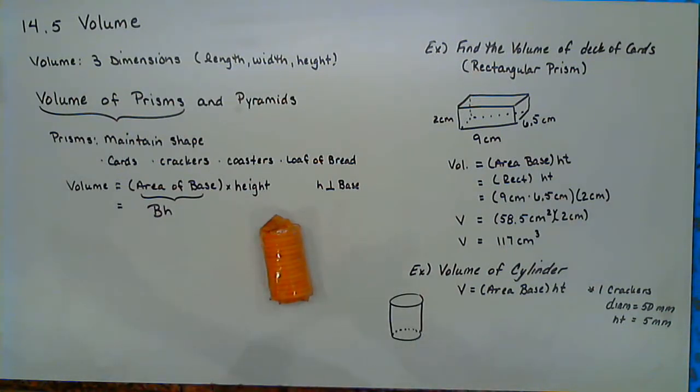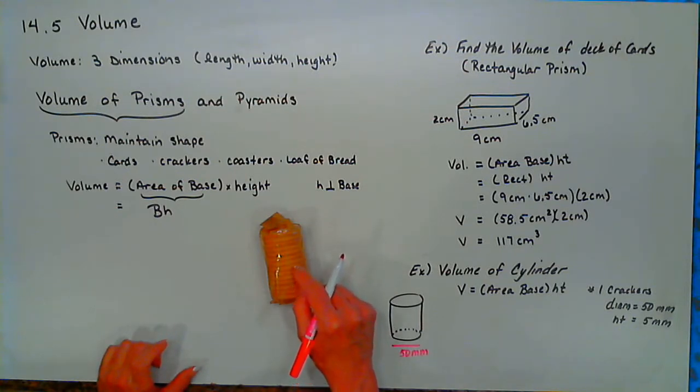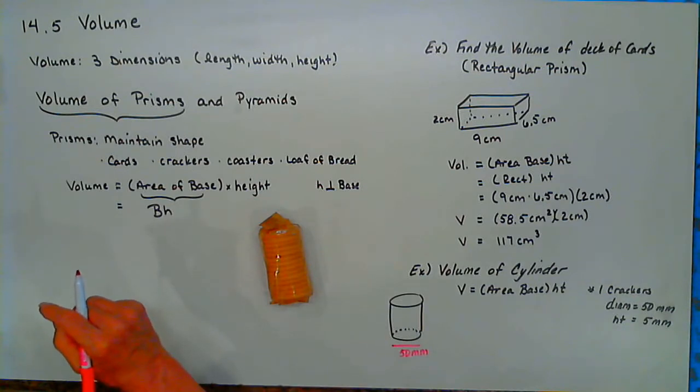I have now been given some dimensions based on the manufacturer that says the diameter is about 50 millimeters. One cracker is 5 millimeters high, and if I count them, I end up with 14 crackers in one stack.